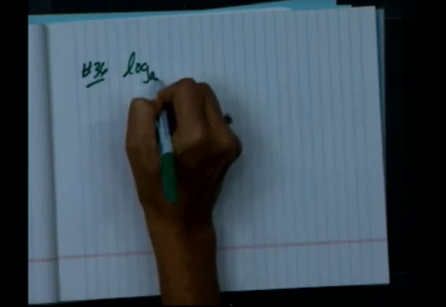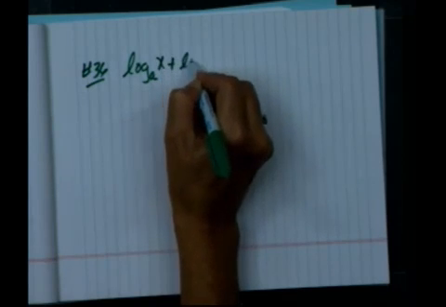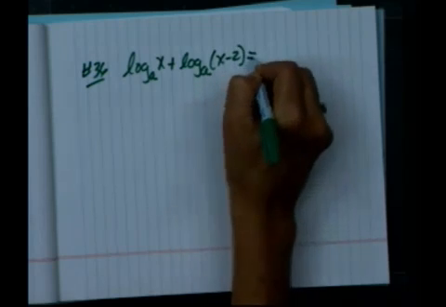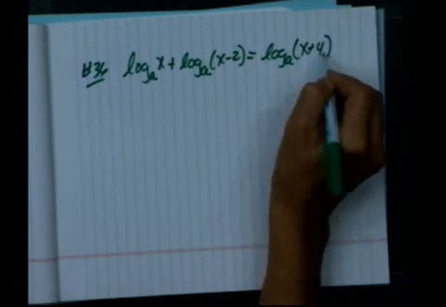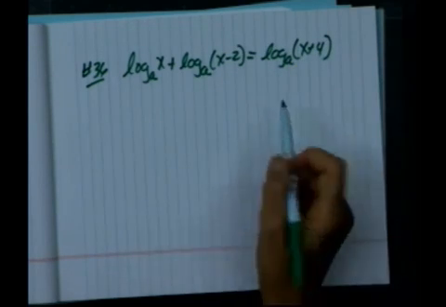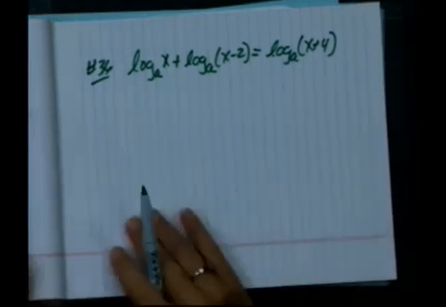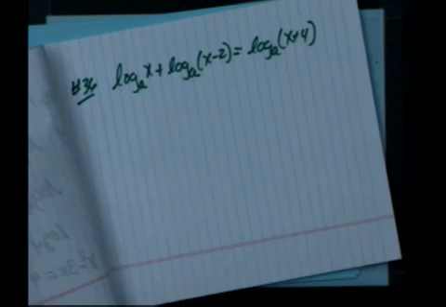Log to the base A, it's just telling you any base A, of x plus log to the base A of x minus 2 equals log to the base A of x plus 4. All right, what do you notice that's different already about this equation than the one that we just looked at, number 14?